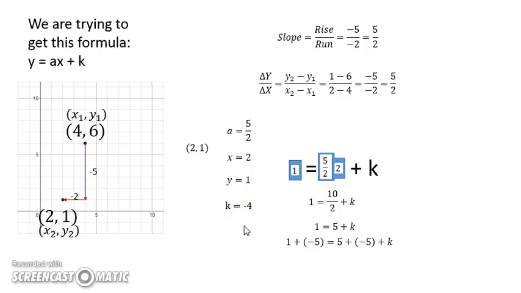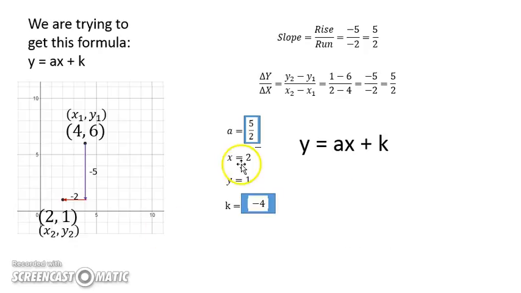So now what we're going to do is create our equation or our formula for our function in the slope-intercept form. So again, this is our format for our equation, where this is our slope a, and this is our y-intercept k. So all we need to do here is again substitute.